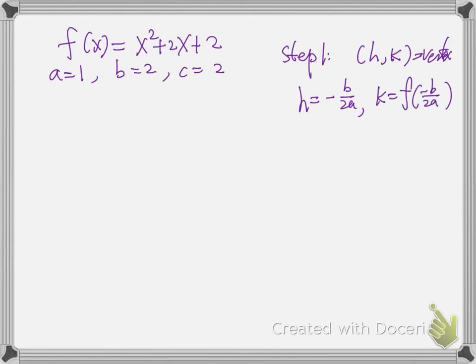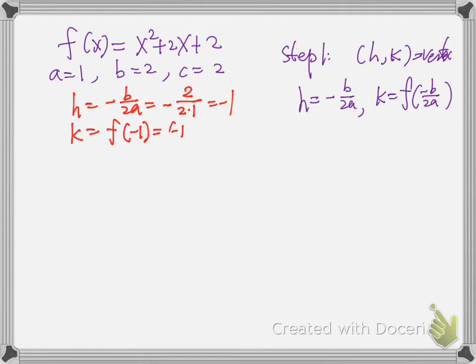So h is negative 2 over 2 times 1, which is negative 1. k is f of h, so f of negative 1, which is negative 1 squared plus 2 times negative 1 plus 2, so 1 minus 2 plus 2, which is 1. So the vertex is (negative 1, 1).